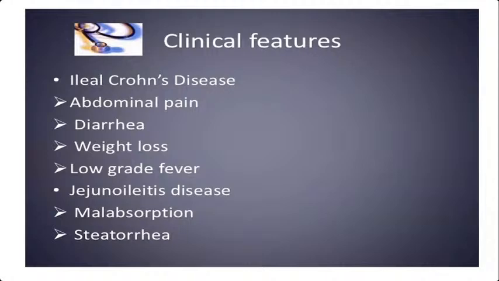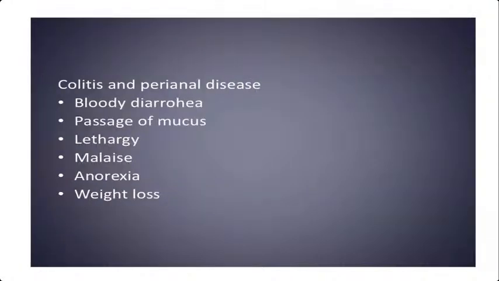If it's jejunal ileitis, then malabsorption occurs and steatorrhea. If there's colitis and perianal disease, there's bloody diarrhea, passage of abundant mucus, there is lethargy and malaise, anorexia, and weight loss.